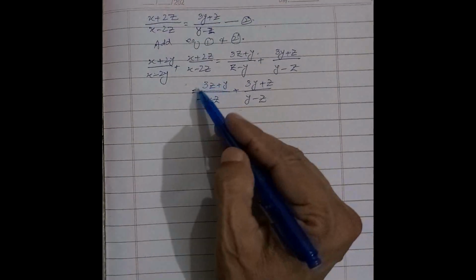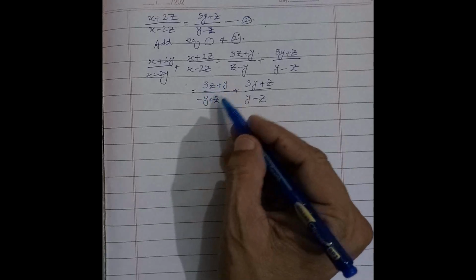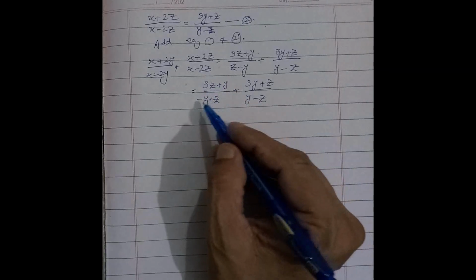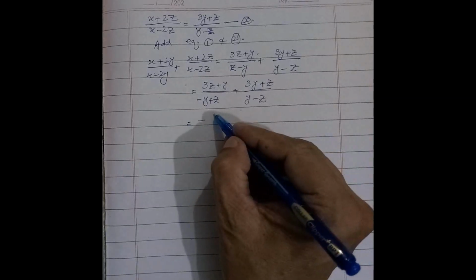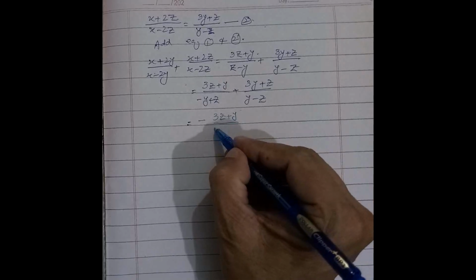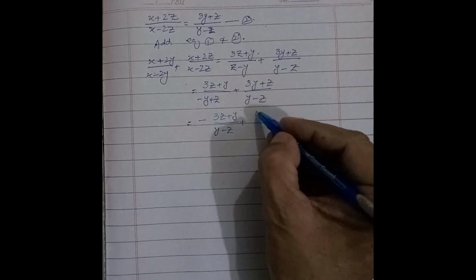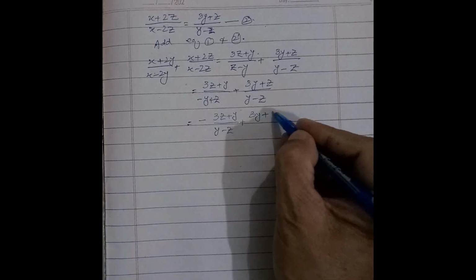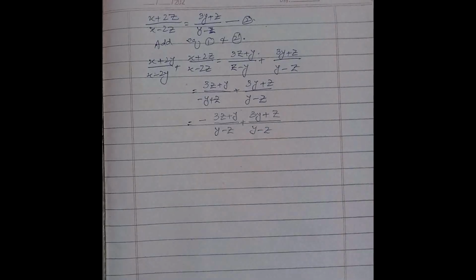On the first term we take minus common in the denominator, we get minus 3z plus y over y minus z plus 3y plus z over y minus z.